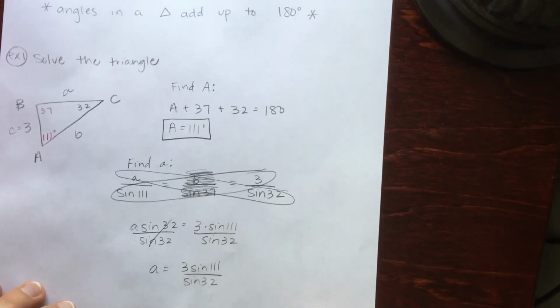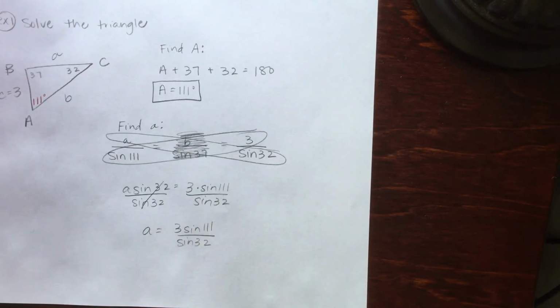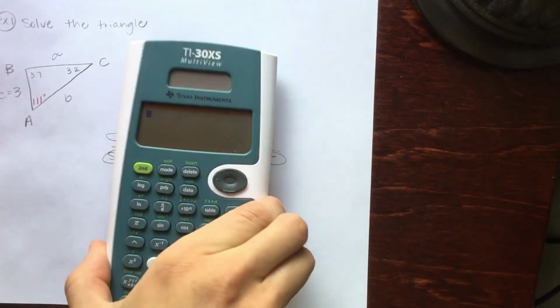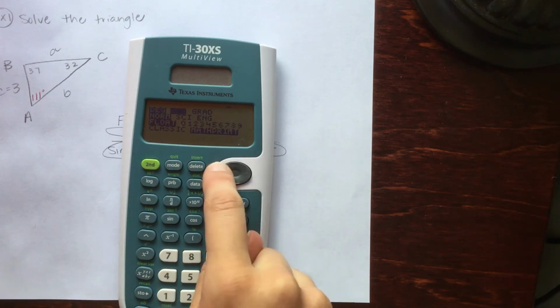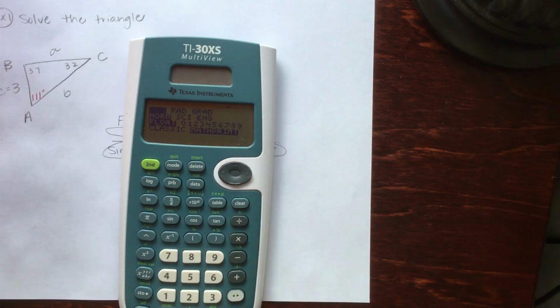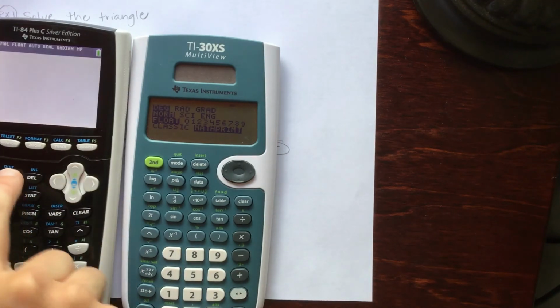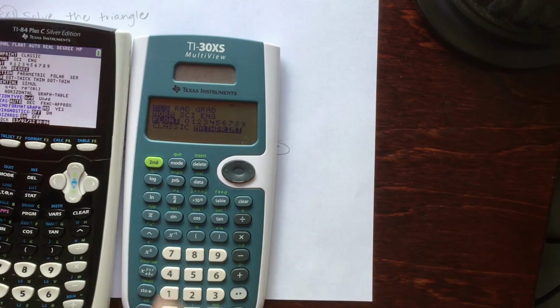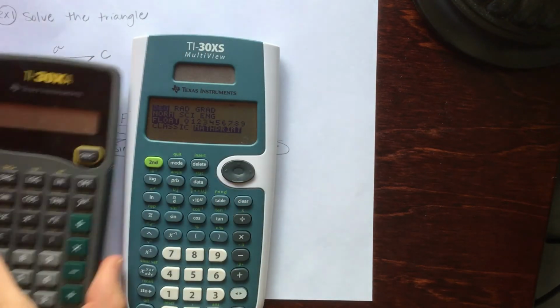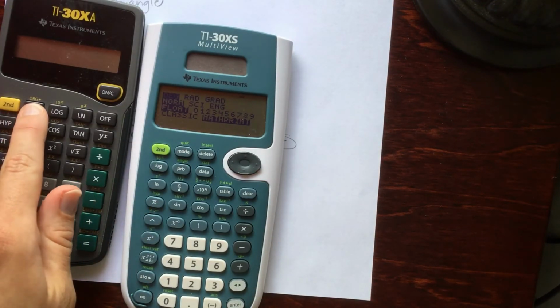Make sure you are in degree mode, because we are actually pressing the sine button today, so you need to pay attention to whether you're in radians or degrees. Remember, you need to press mode, and you can switch back and forth between radians and degrees here. If you have a graphing calculator, same concept. You can press the mode button, and on the fourth line, switch back and forth between radians and degrees. And if you have one of these calculators, it's the DRG button.